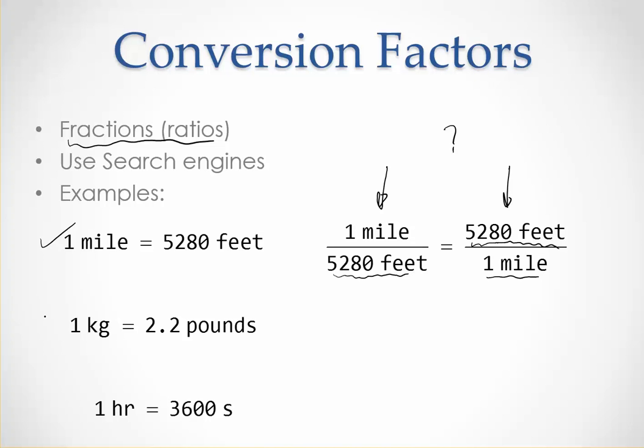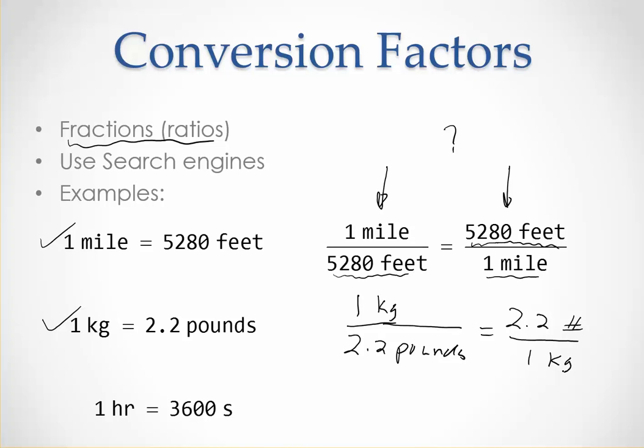If we look at the next one, 1 kilogram equals 2.2 pounds, we can write that as 1 kg over 2.2 pounds, or 2.2 pounds, we'll use the old hashtag to simplify, per 1 kg.